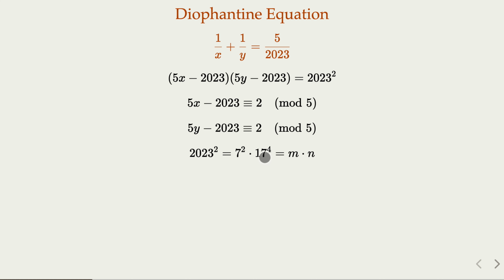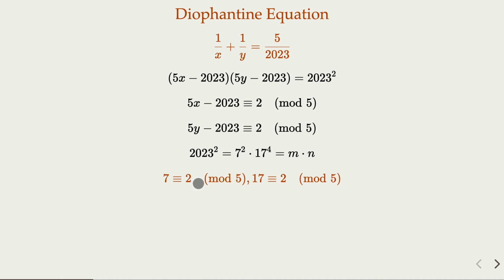But what is 17 here, right? So 7 itself is 2 mod 5 and 17 is also 2 mod 5, right? So we need to see how to split these factors into two numbers, right? In total we have 6 integers, right? We want to split into two groups.